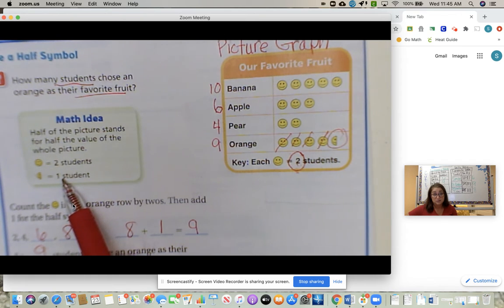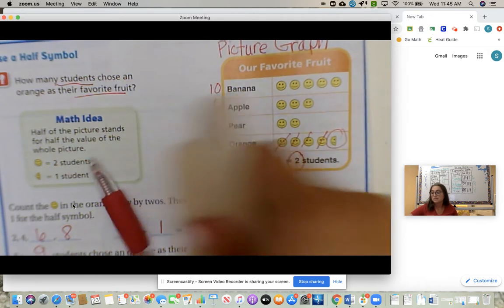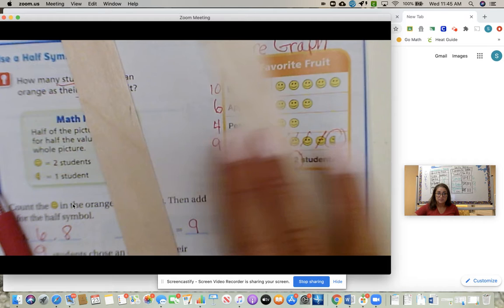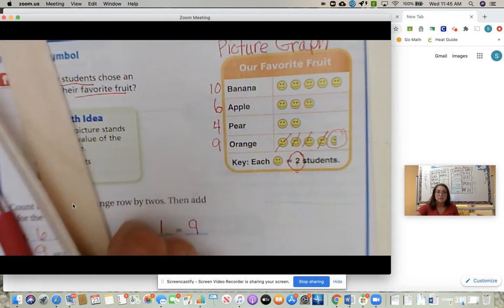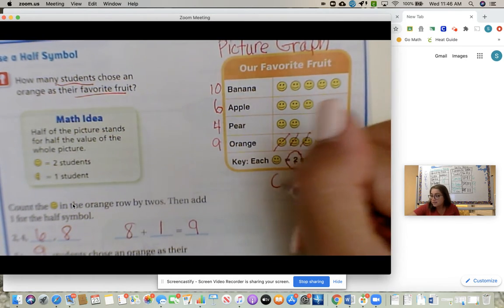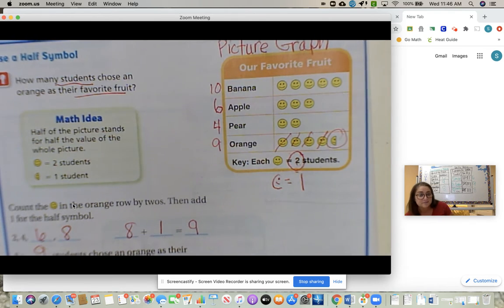1. So if I have 2 sticks, I need to split it in half. Oh, it is 1. So here's 1, here's 1. 1 plus 1 is 2. That's what it's saying. So if you want to write underneath and make half a smiley and put equals 1 so you don't get confused, then you can count again.